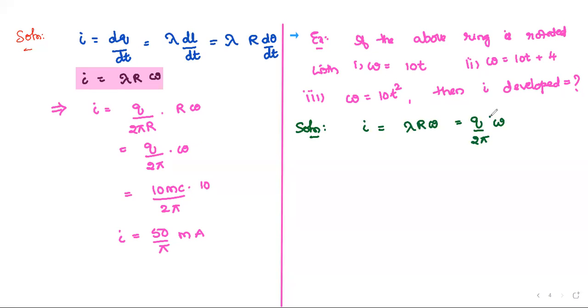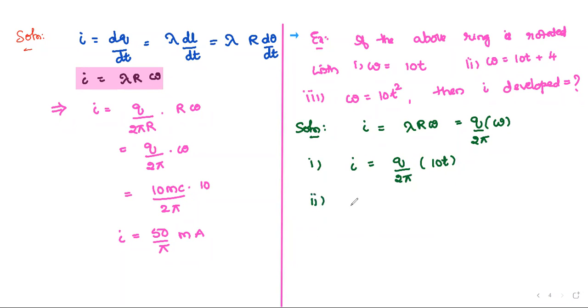Directly by substituting the omega value here, whether it is constant or variable like this, we will get I. In the first case, I is equal to q by 2 pi into 10t. That's all. We substitute the q value and the t value. If they ask after how much time the current develops, we can solve it.